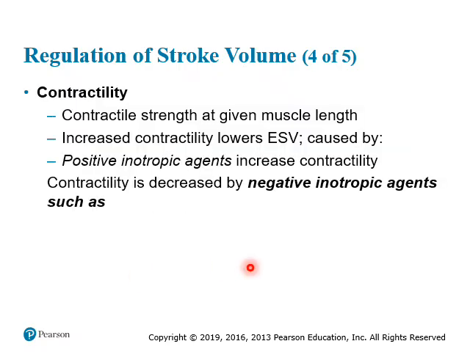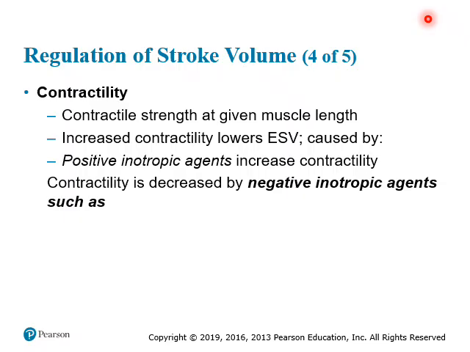Contractility is the contractile strength at a given muscle length and is independent of muscle stretch and diastolic volume. Increased contractility lowers the end systolic volume. It's caused by sympathetic epinephrine, which stimulates increased calcium influx, leading to more cross bridge formation.